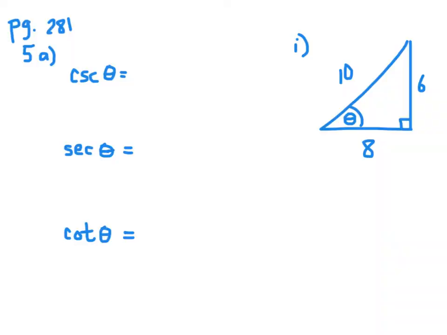So if you open up to page 281 in your Nelson textbook, question number 5a, I'm going to take a look at this specific triangle, number 1. Question A says, for each triangle, calculate cosecant theta, secant theta, and cotangent theta. When we take a look at this triangle, remember that we can only label the triangle according to the angle theta.